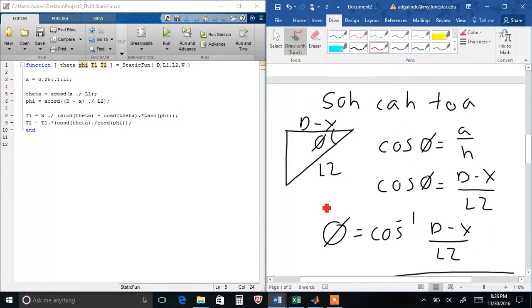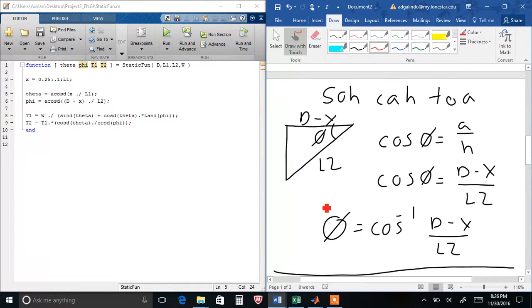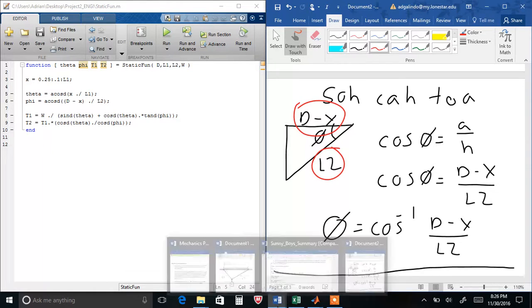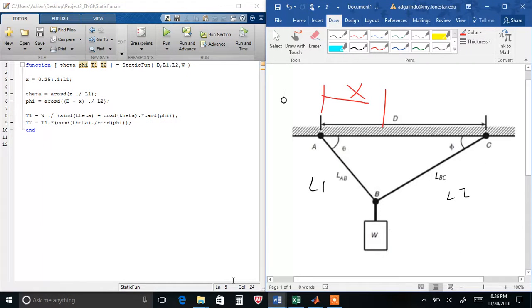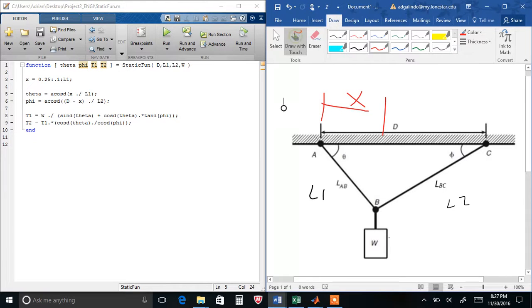And then same thing for phi, we use SOHCAHTOA as well. We know d minus x, and we know length 2. And if I didn't mention it, you might question what d minus x is. Well, if this whole length right here is d, and this is x, then d minus x is the missing length.